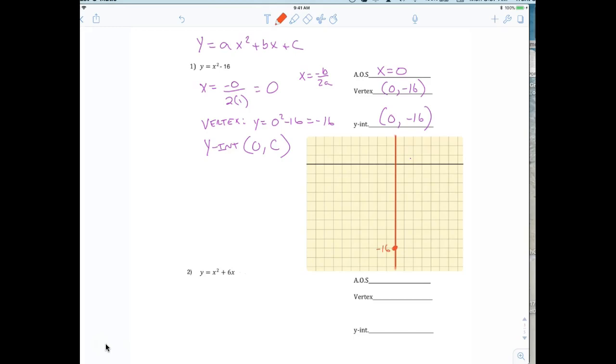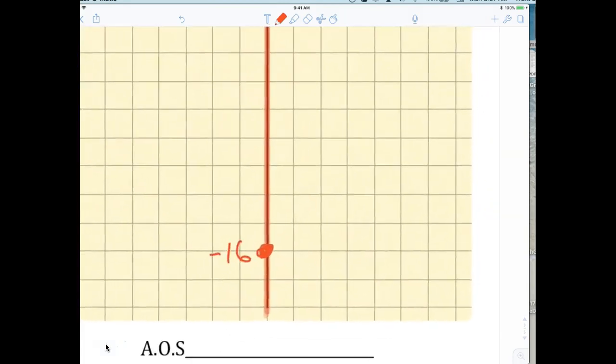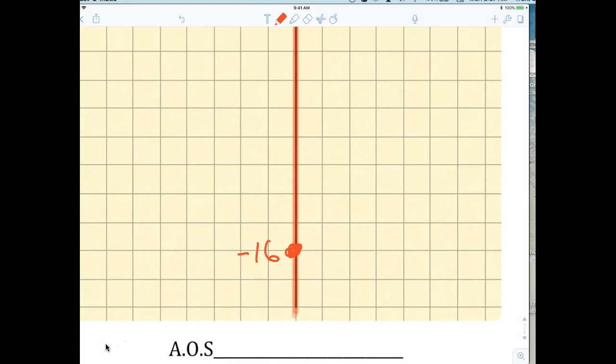The reason is because y equals 1 squared minus 16, 1 minus 16, negative 15. So the point (1, -15) is on the graph. Are you with me? This right here would be (1, -15).